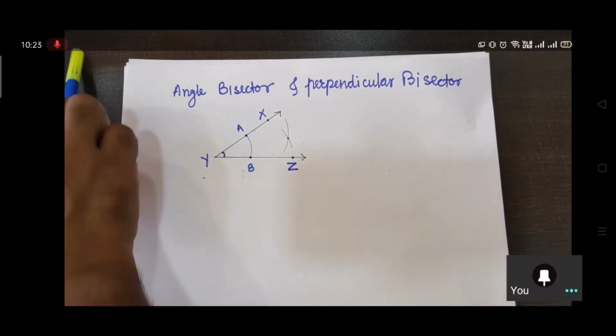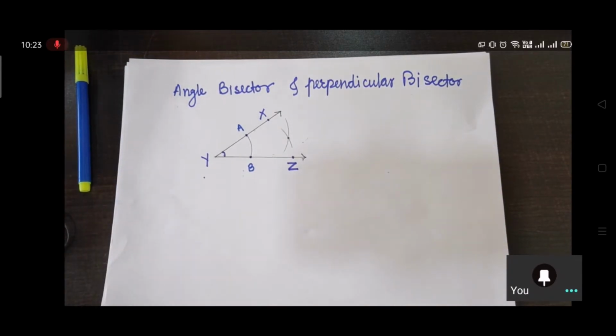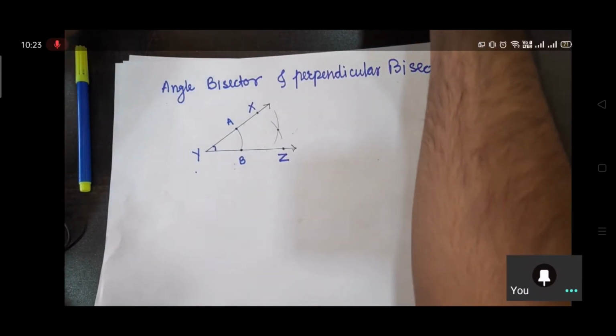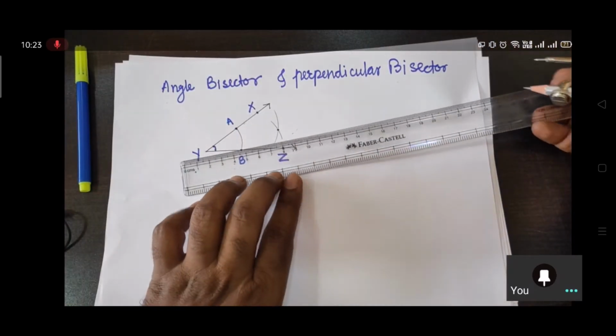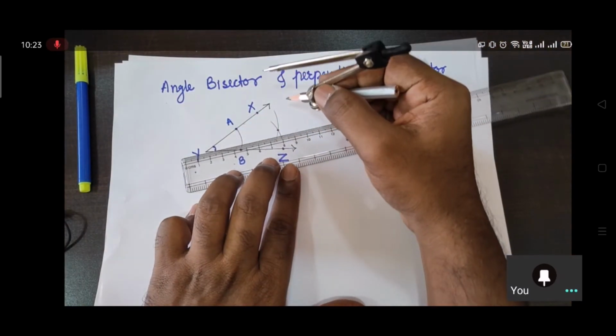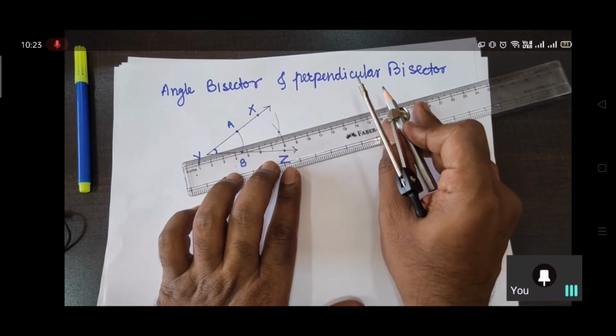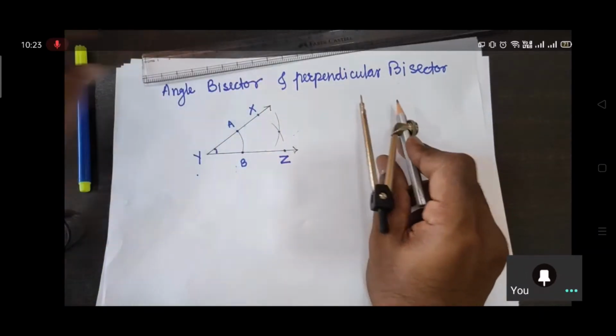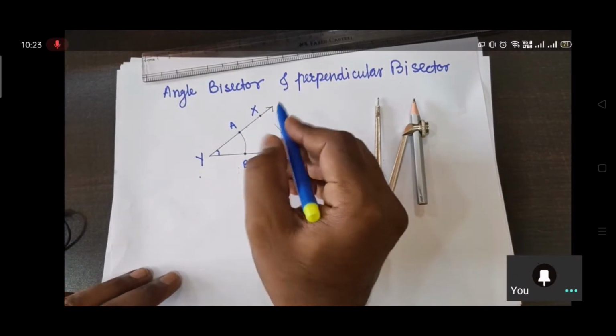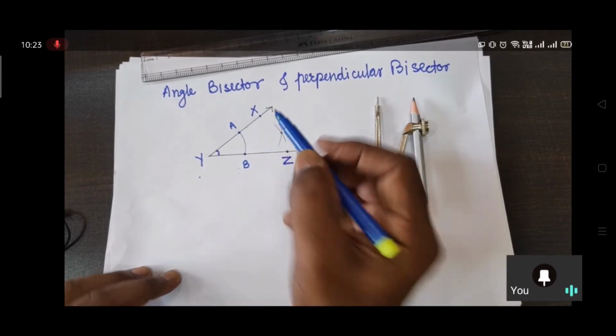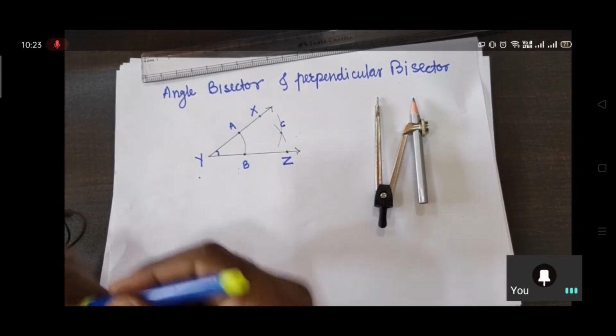And once we have done this, take a scale. Adjust this scale in such a way that, before that, we will give point C a little bit up here because the ray will come here.